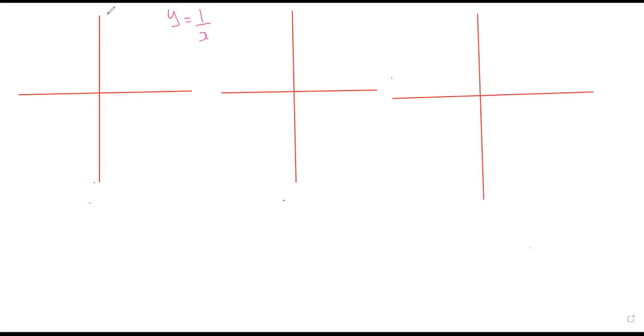Now in this case, you will get a shape something of this type, and it would be here as well. Okay, this is the y-axis, this is the x-axis. What if you have y equals 1 by x squared? In that case, it would be either this or this, okay?